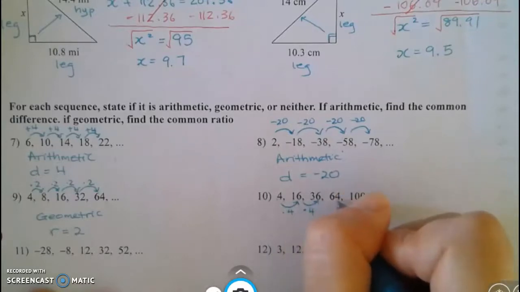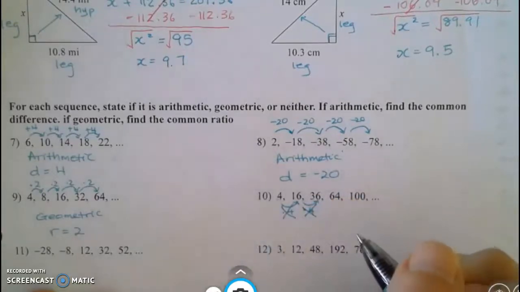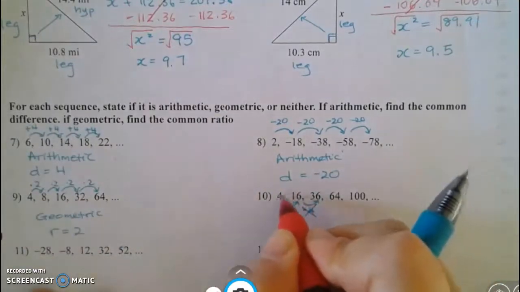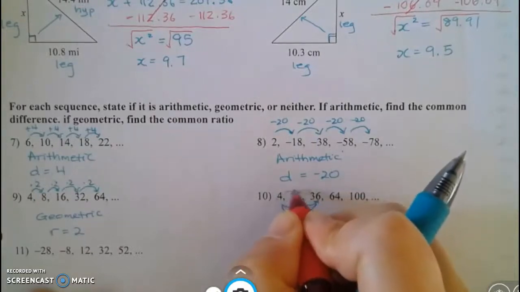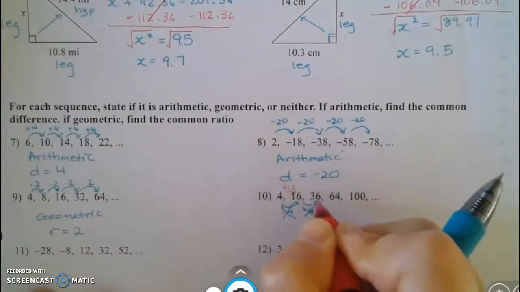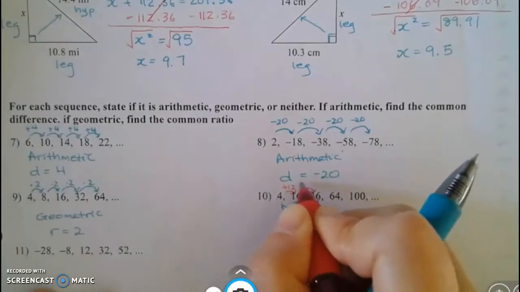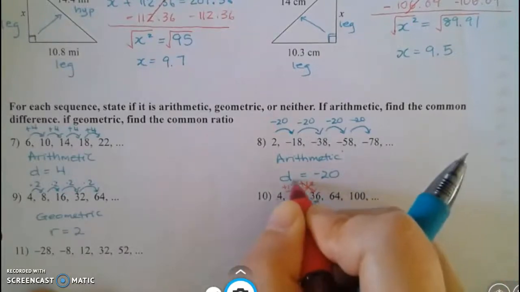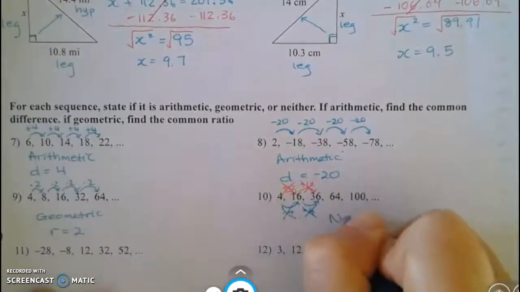So multiplying by 4 does not work. Okay? Can I add the same number? 16 minus 4 is 12. And if I add another 12, do I get 36? No, I do not. So I don't have a common ratio and I don't have a common difference. So this is neither.